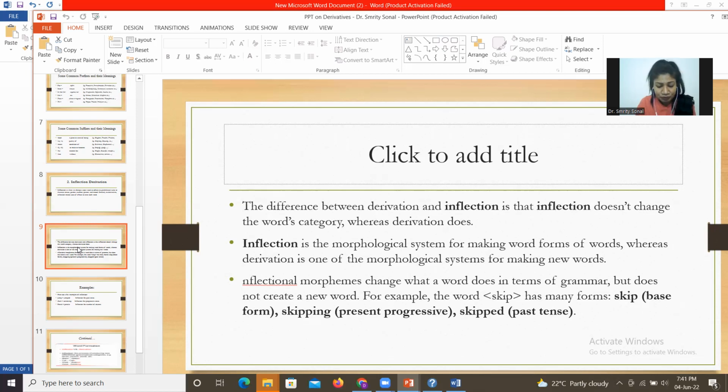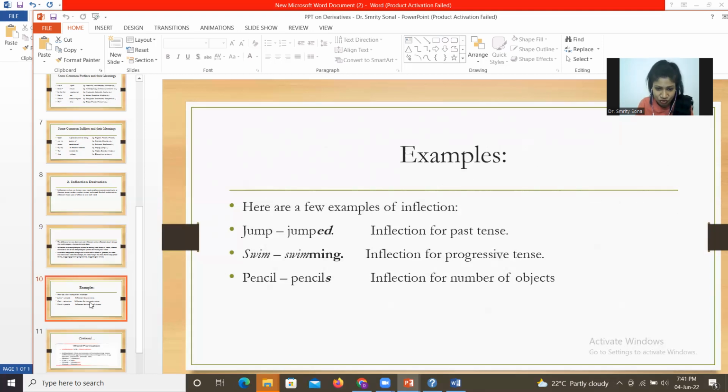So whenever we add any prefix, suffix, or any kind of affix to the root word, and the grammatical category shifts or changes from its present category, that kind of change is called inflectional derivation. Some more examples we can see here, like jump is the present state, jumped is past tense, so that is inflectional derivation.